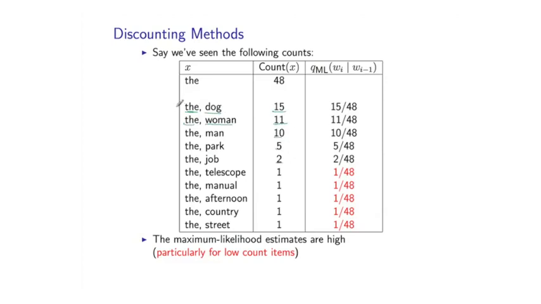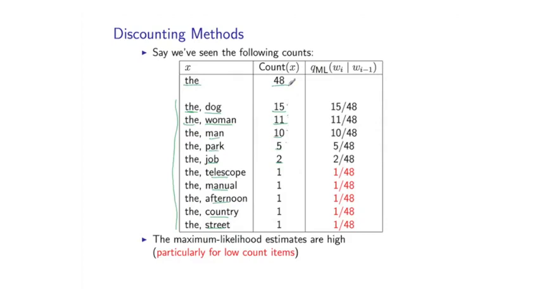I'll assume in this example that in this list I've shown all bigrams whose count is greater than 0. So I have the full list of words which are seen one or more times following the word "there". There are about 10 of these words in total. And so the number of times I've seen the word "there" is going to be the sum of these counts. It's actually 48 in this case.